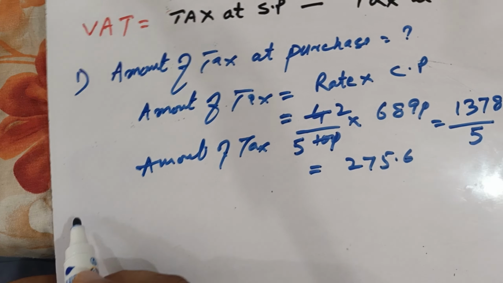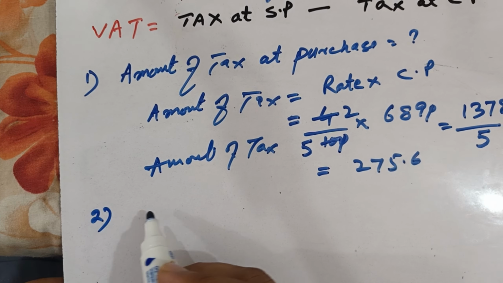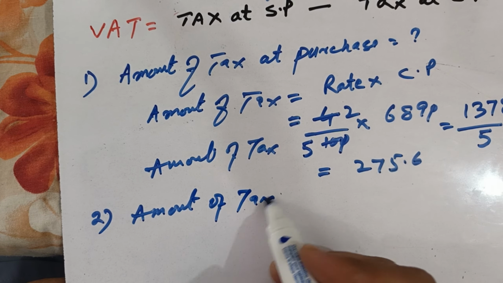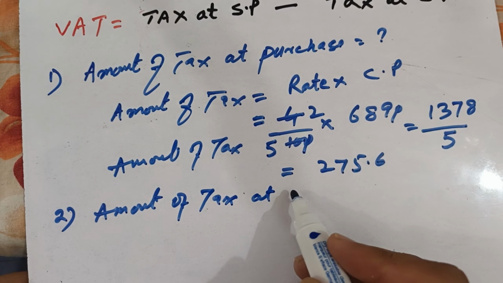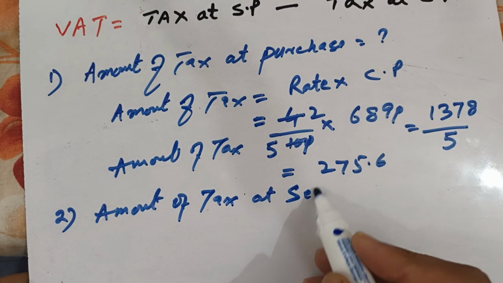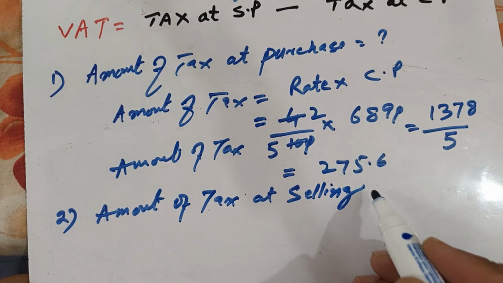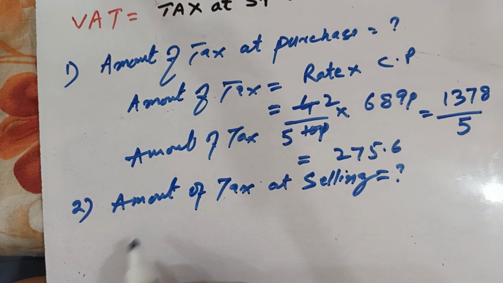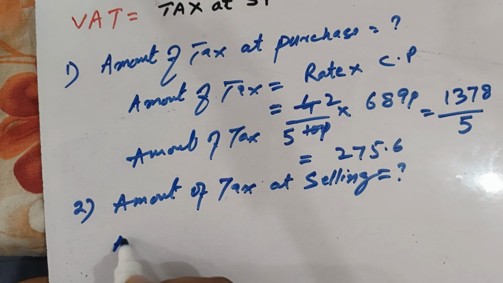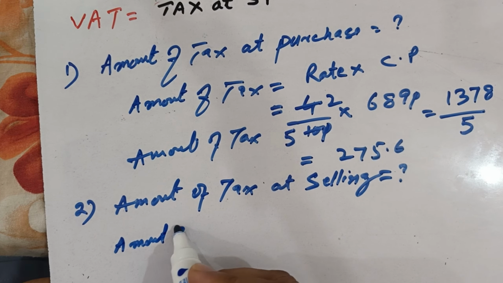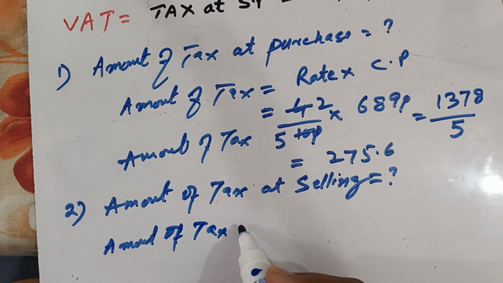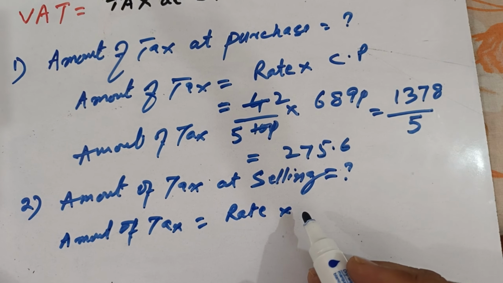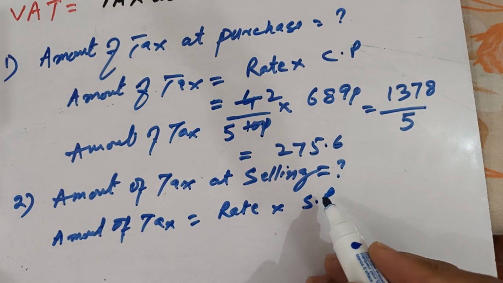Our next point will be the amount of tax at selling. And how can we find this amount of tax? It can be found as rate multiplied by selling price.